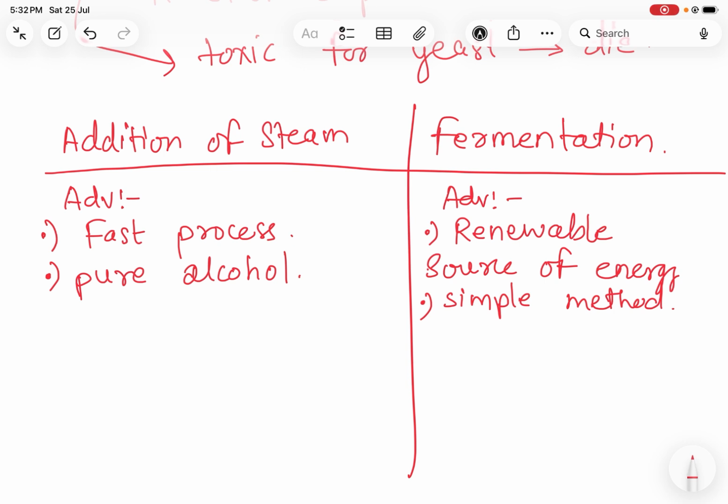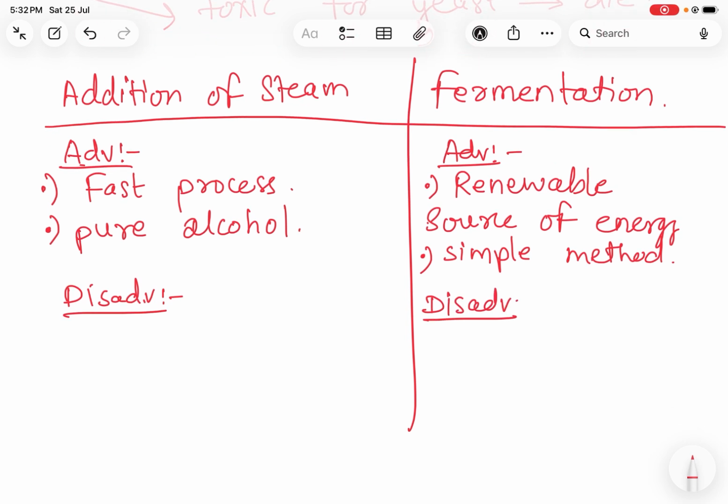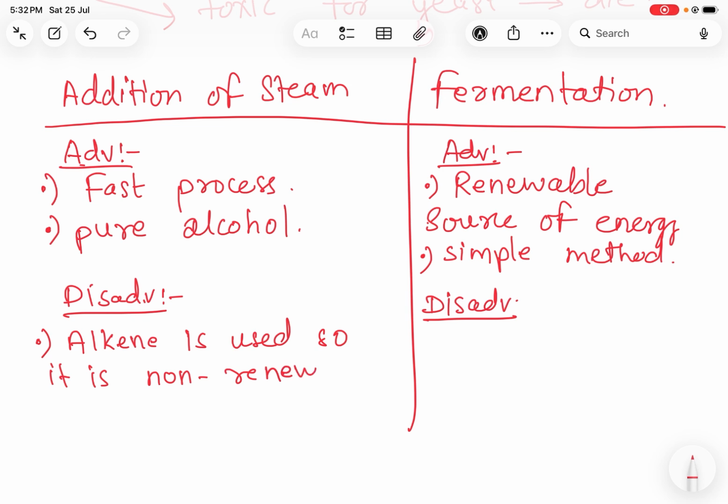Next we have the disadvantages. For addition of steam, because we use alkene, it is a non-renewable resource.